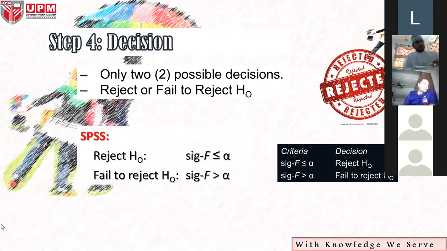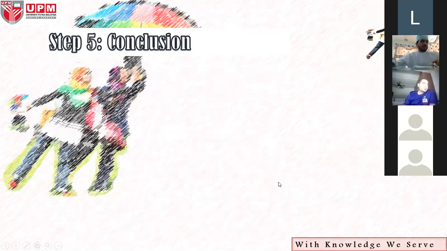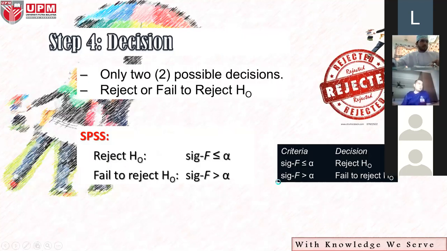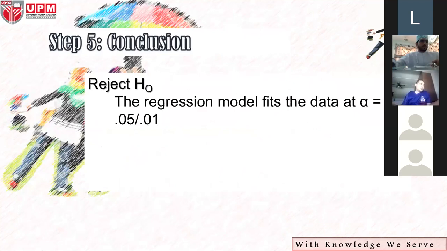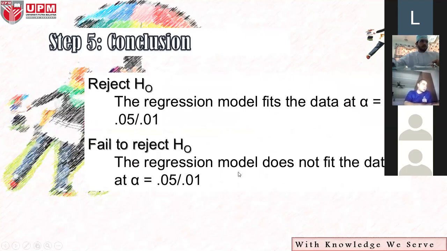So based on the overall model, we can say that the regression model fits the data at alpha 0.05.